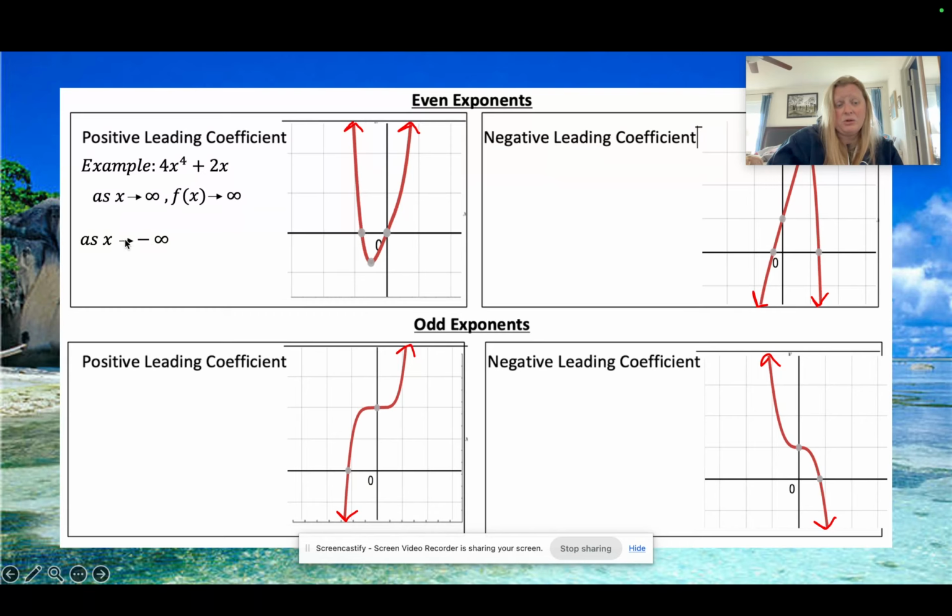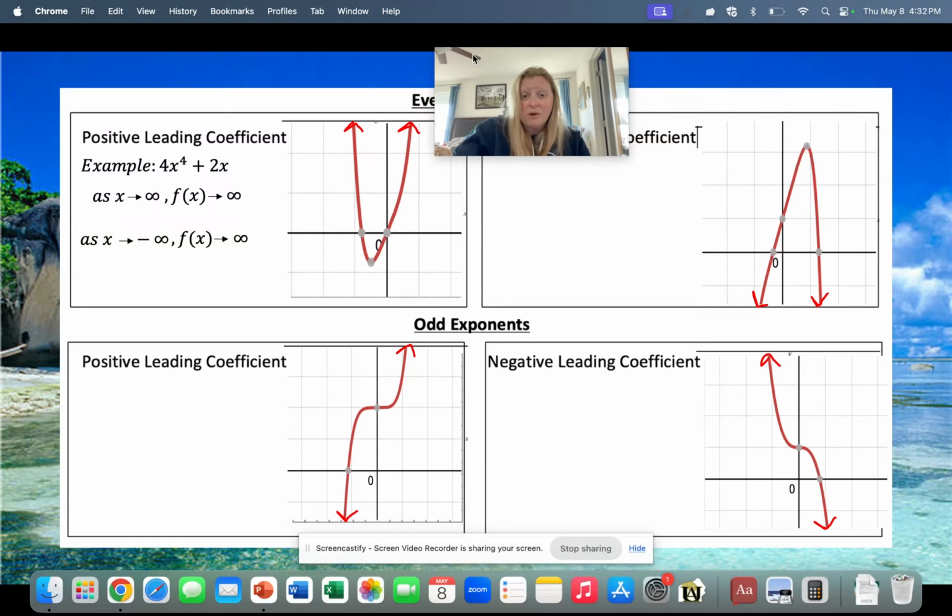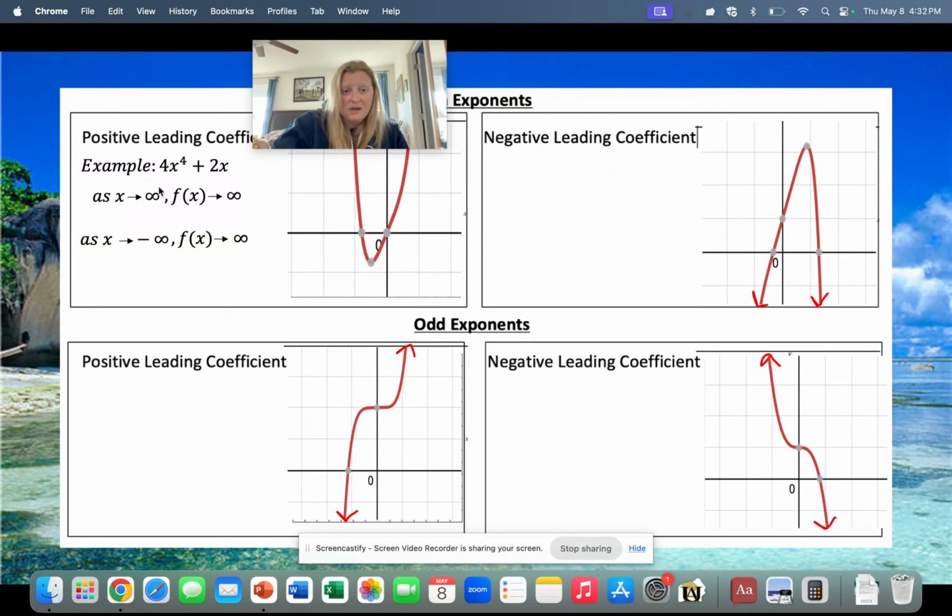So as x approaches the left side, or negative infinity, the arrow still points upwards towards positive infinity. This would be like looking left and right, and this would be your up or down arrows. Obviously, up means positive infinity and down means negative infinity. Everything that we write here is going to follow this kind of setup.